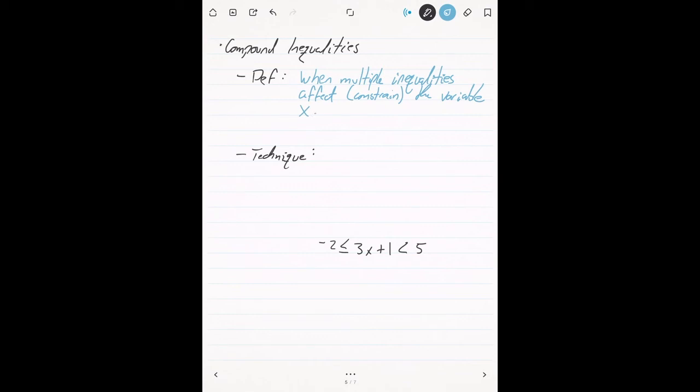Okay, so compound inequalities are when multiple inequalities affect the variable x.